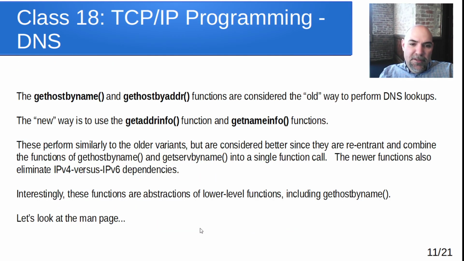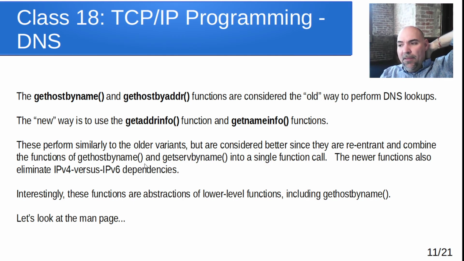So the new way of using this is to use what's called the getaddrinfo and getnameinfo functions. And those perform similarly to their old variants. So notice that here's one that deals with the address or the name for an address. Here's one that gets the name info for a name.